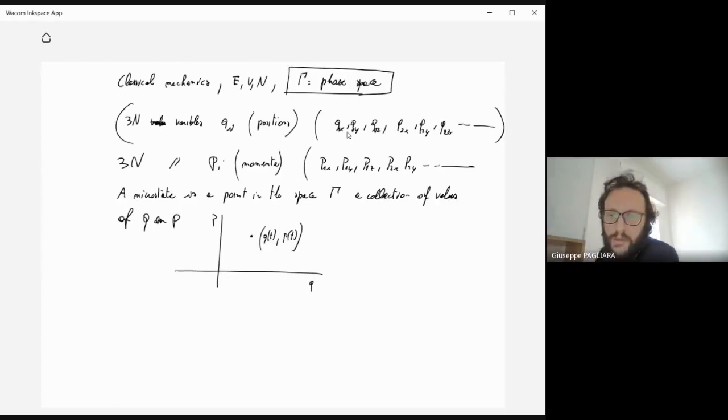I'm pretty sure that you are used to this kind of formalism from analytical mechanics, so also to phase space.